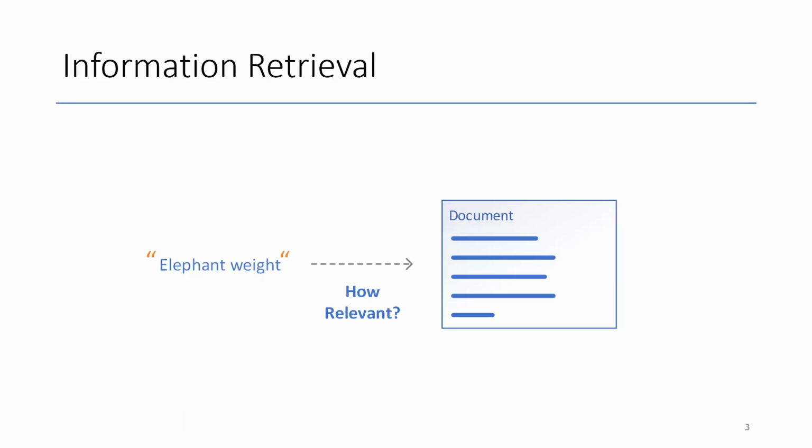Information retrieval in its most basic core concept asks the question of a given query, here in this example elephant weight, how relevant is this query to a given document? Can we quantify this relevance?